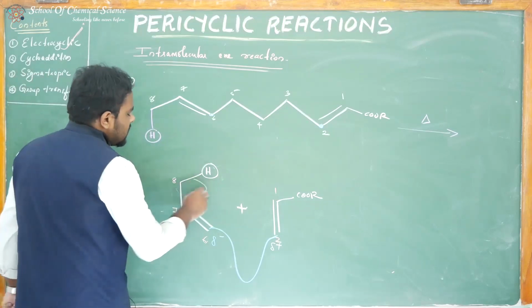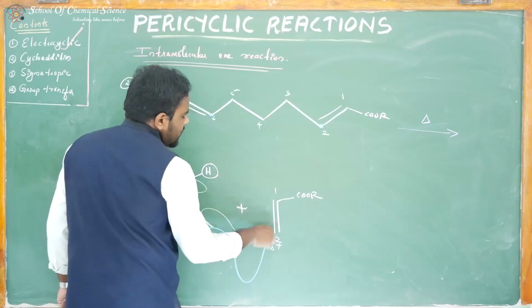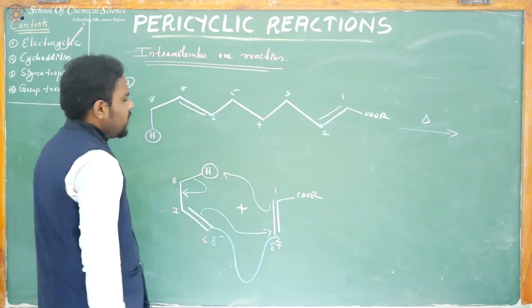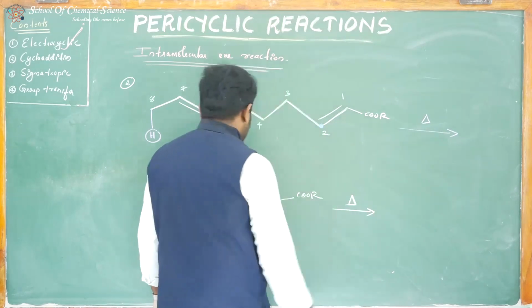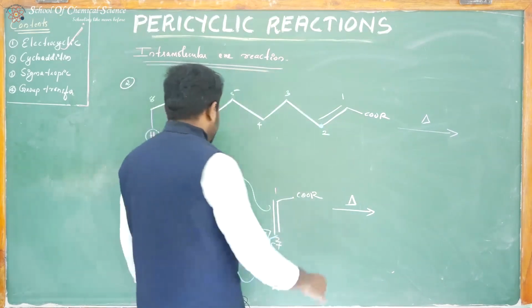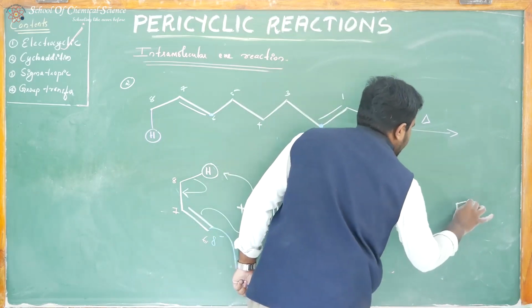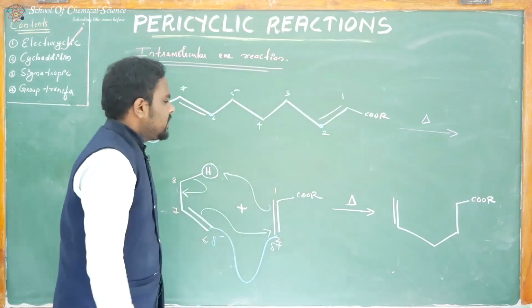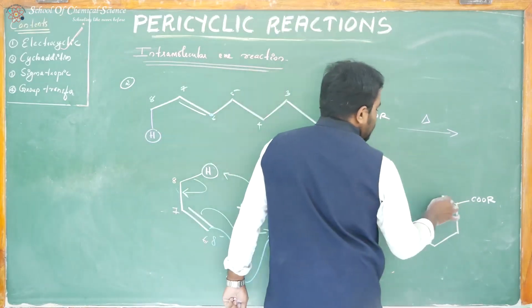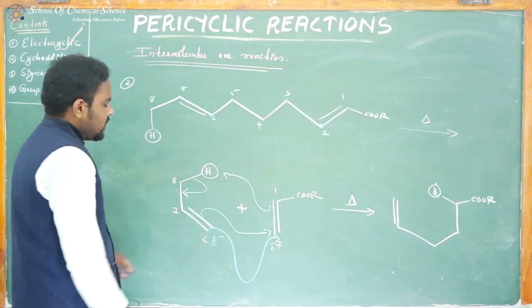So the reaction is this carbon-hydrogen sigma bond making a pi bond here, and the hydrogen going towards here. So your product under thermal condition will have a pi bond connected to a carbon, a COOR group present here, and the hydrogen transferred to this carbon. Group transfer reaction.